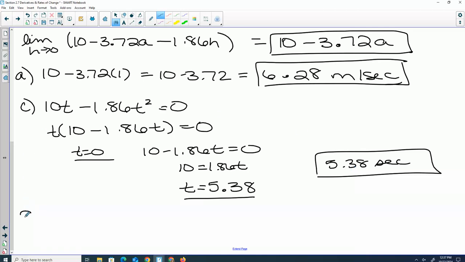So then part D, what's the velocity when it hits the surface? Plug that 5.38 into the equation we found at B. Yes, in part B, we found an equation for velocity. Plug in our time. Negative 10 seconds. Doesn't sound right.